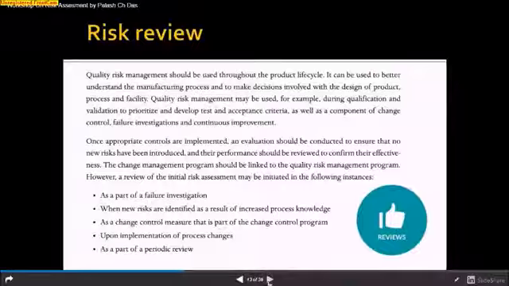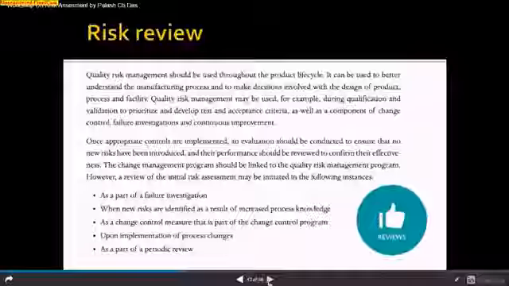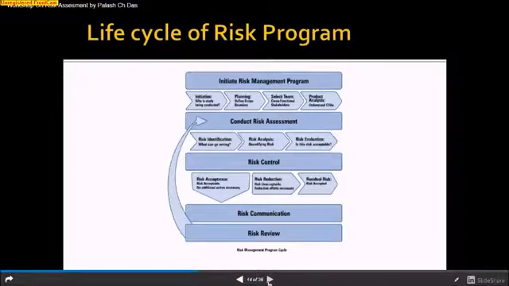Even if you have a failure investigation, we should incorporate the risk assessment. When risks are identified as a result of increasing product knowledge, yes, when your knowledge is increasing, you should enrich your risk management process also. Whenever we take a change control and we make a critical change in process or equipment, that should also be incorporated in your risk management.